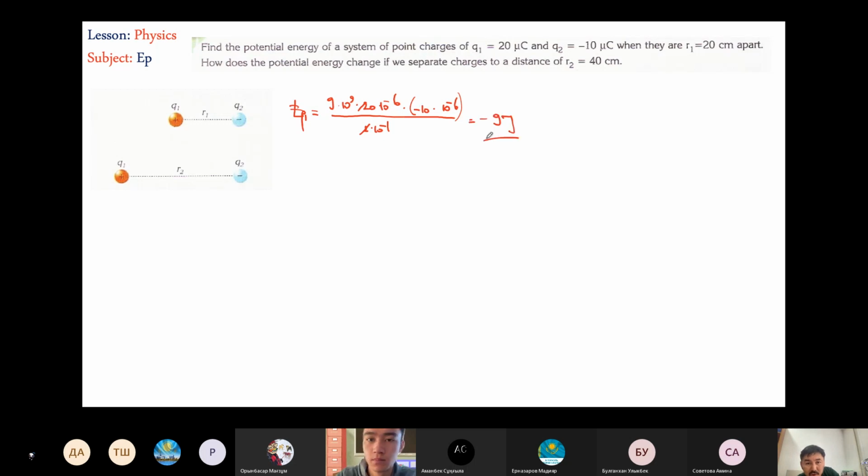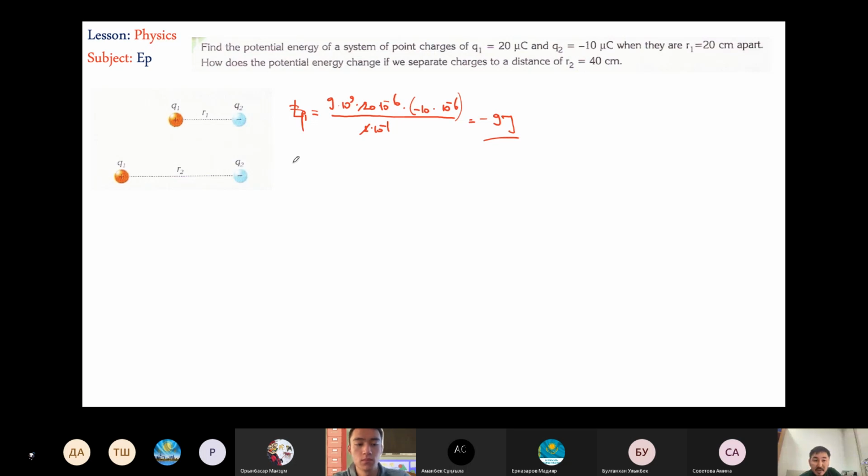The energy between two charges of 20 microcoulombs and minus 10 microcoulombs, 20 centimeters apart. When the distance is 20 centimeters and one charge is plus and the other minus, did you see? It comes out minus. What about the potential energy at the second point?